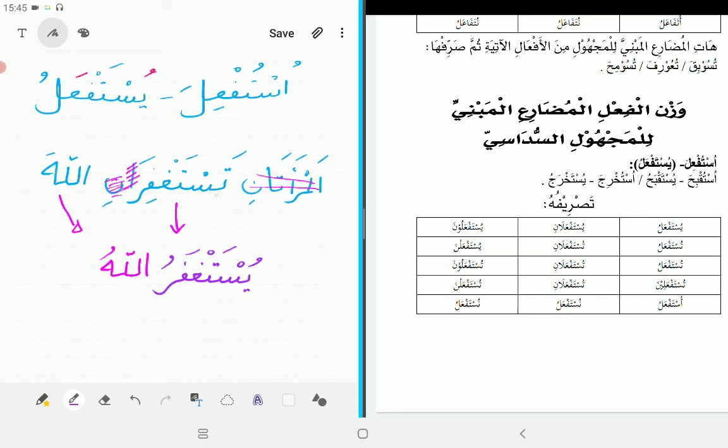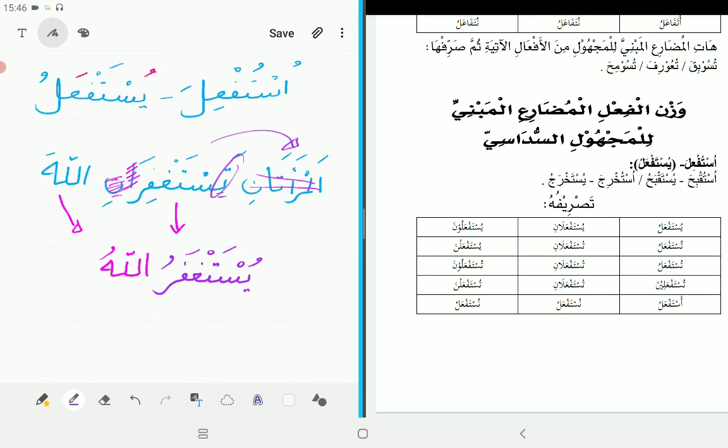What happened to the ta? Because the ta, in addition to the alif, all of this were pointing to two females. It's all connected to the doer. It's all a sign as to who's speaking and whether they're male or female. All of this together. So I want to eliminate from the verb anything that points to that.